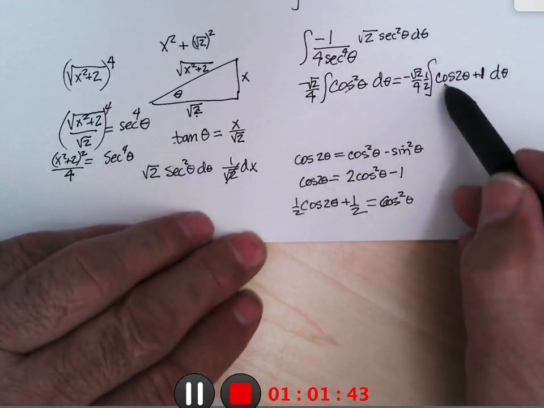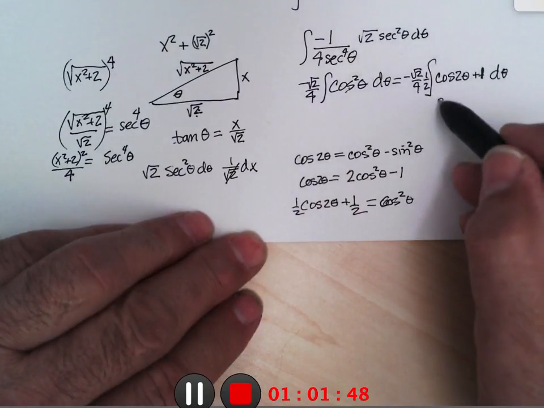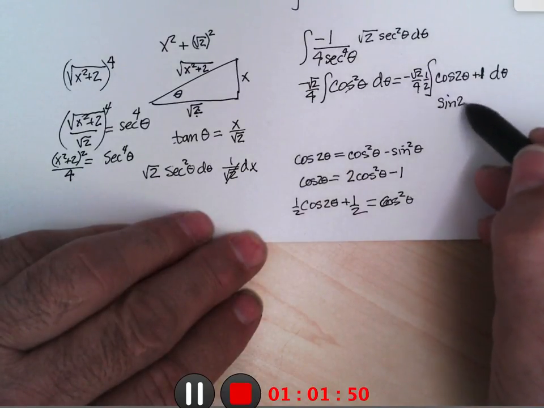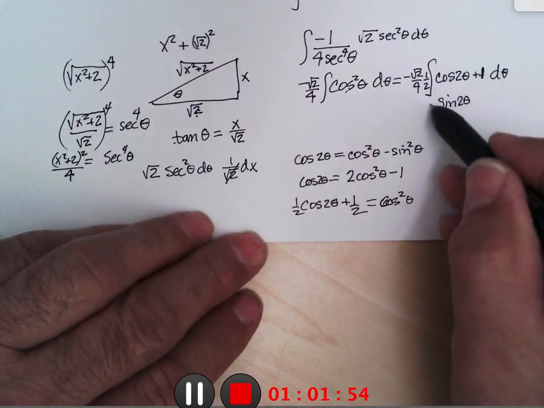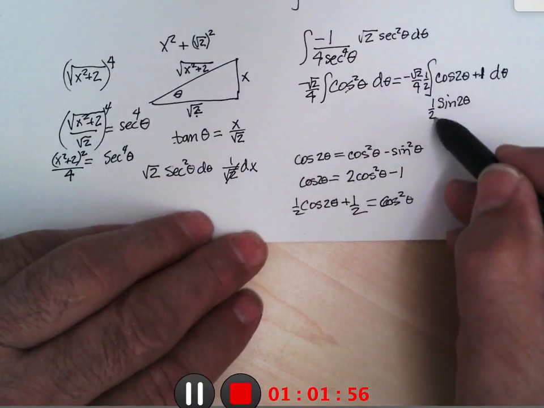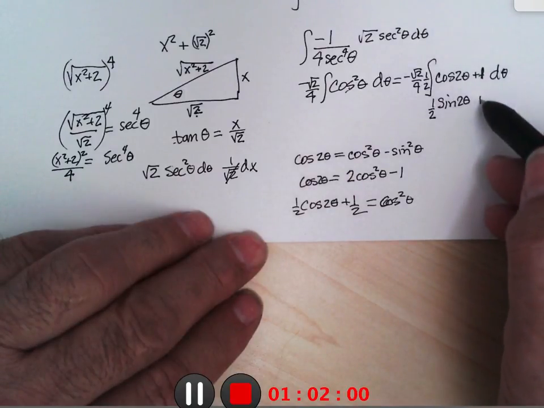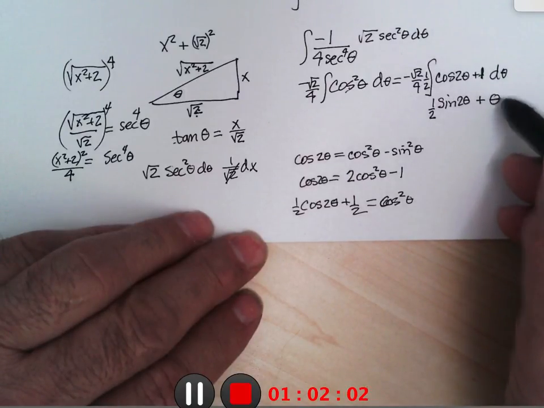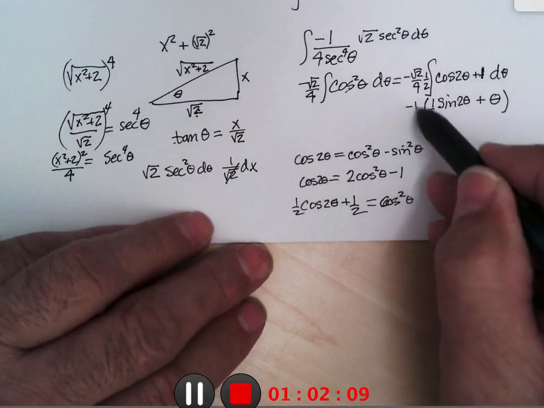The antiderivative of cosine is sine of 2 theta, but if I took the derivative, I'd get a 2, so I have to put a half in front of it. And then the antiderivative of 1 is theta, and both of these are going to be times negative square root of 2 over 8.